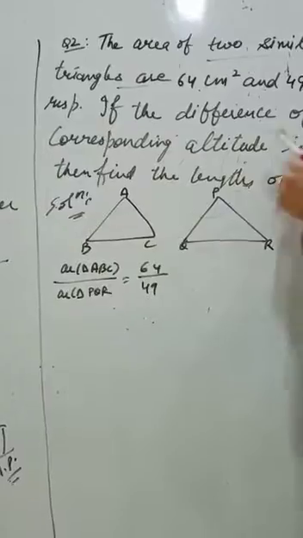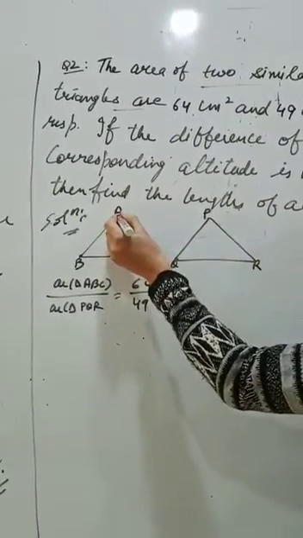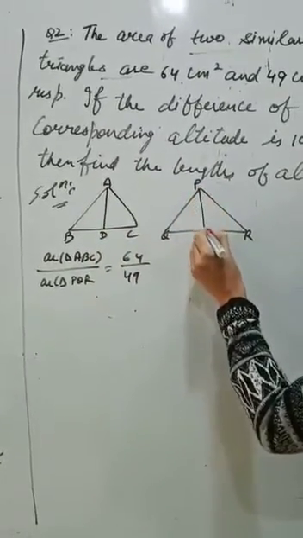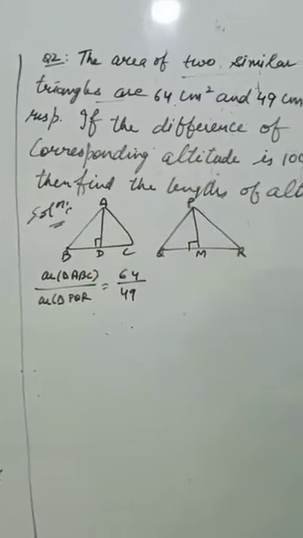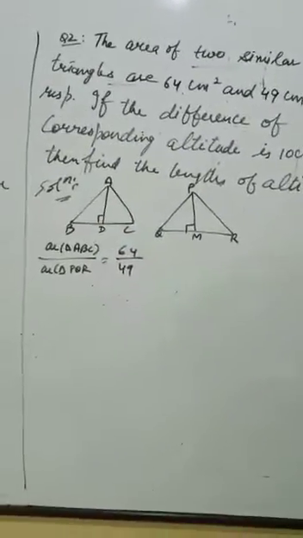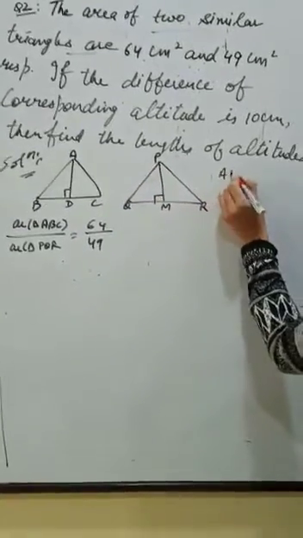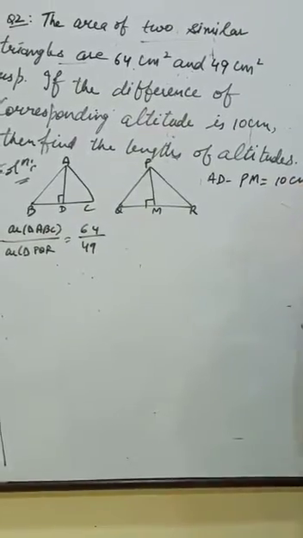If the difference of their corresponding altitudes is 10 centimeter. Suppose the altitude here is AD and here it is PM. Altitude means perpendicular, 90 degrees, on the opposite side from the vertex. So we have been given AD minus PM equal to 10 centimeter.